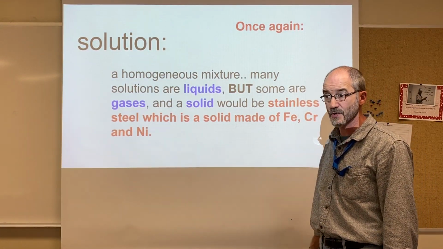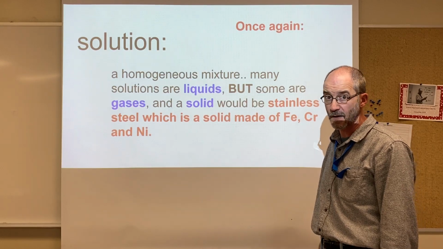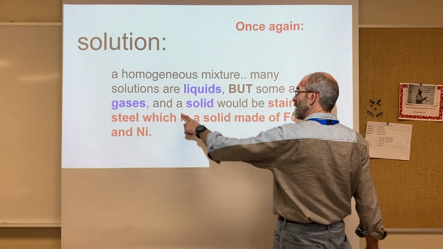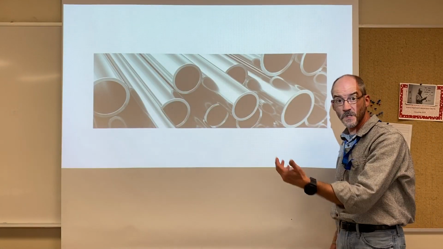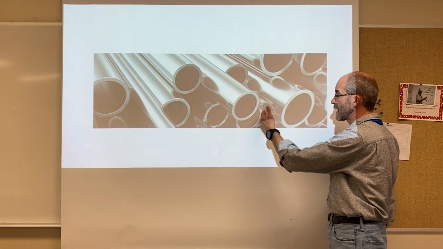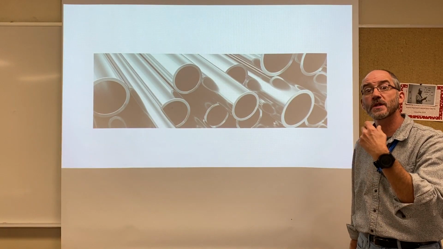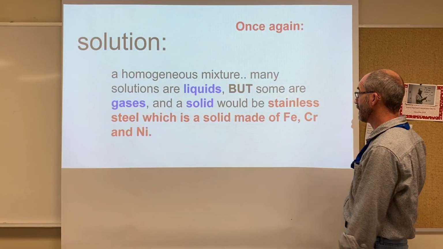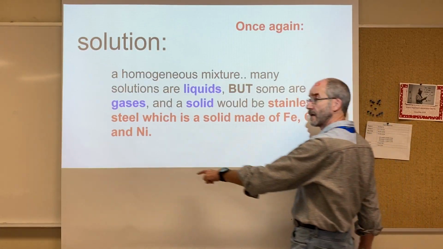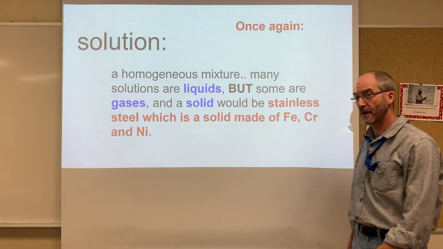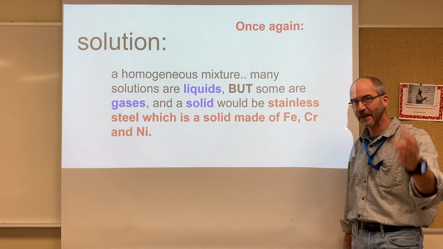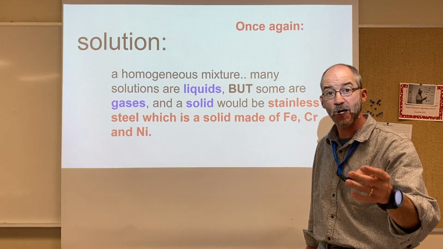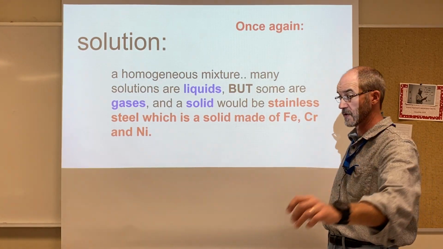In fact, the majority of the atmosphere is not oxygen. And there are some examples of solids. So once again, stainless steel. Stainless steel is a homogeneous solution of what? Iron, chromium, and nickel. So there are different states of matter: solid, liquid, and gas. You can have solid, liquid, and gas homogeneous solutions.